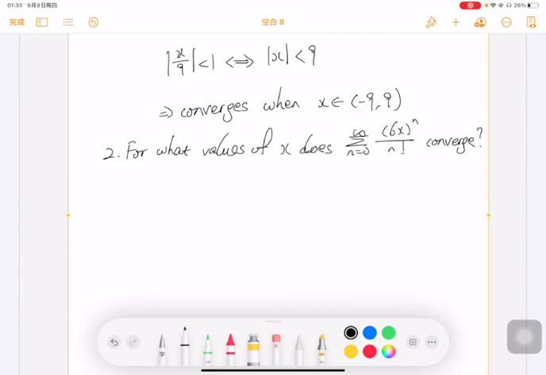So what I want to say is this intuition alone should tell you that the series converges for any x, because for any x, 6x is just a constant. And when you multiply the numerator by a constant and multiply the denominator by a growing n, that gives you a convergent series.